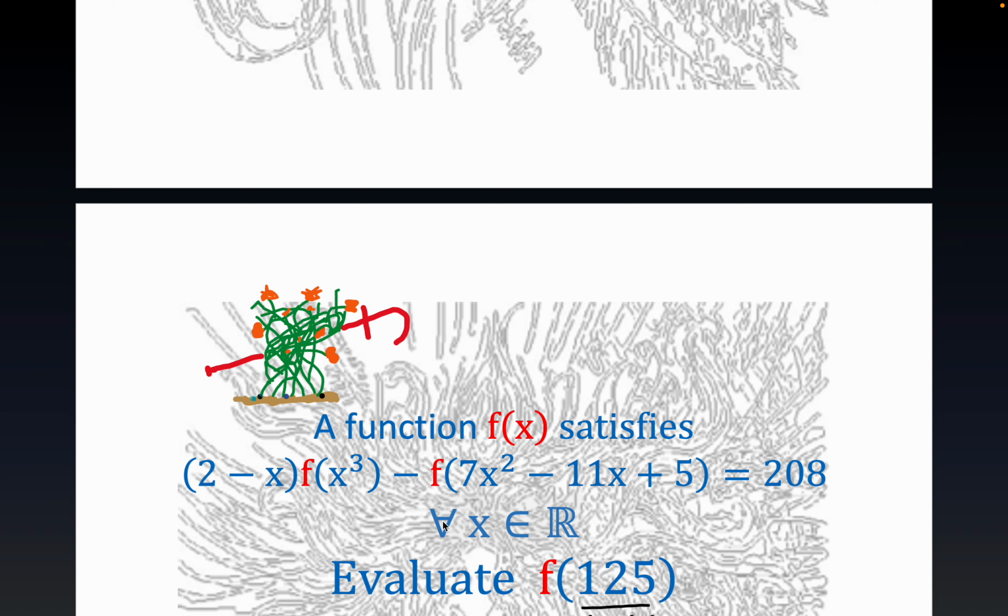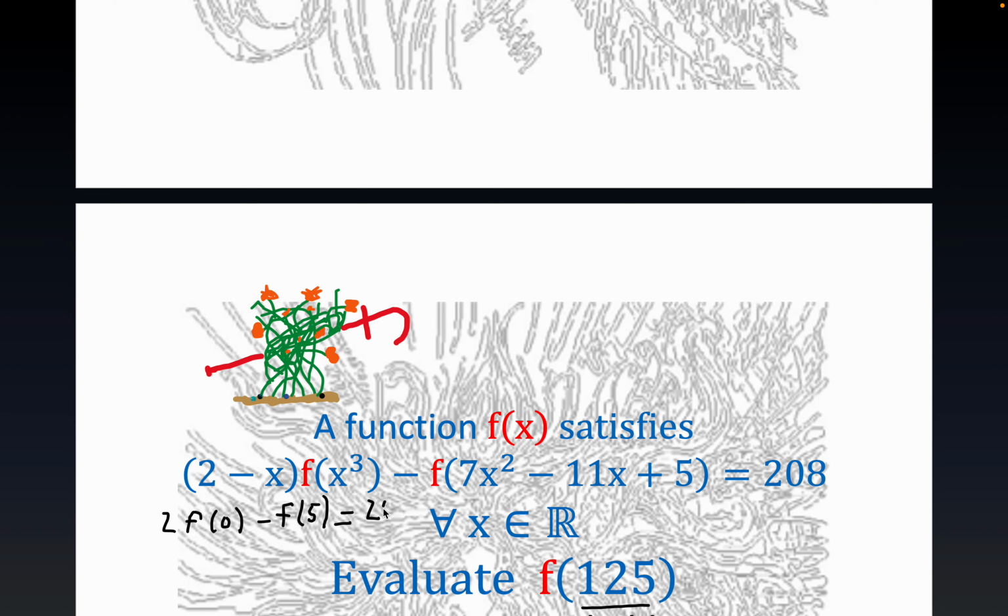Now, just as a warm-up, if x were 0, we could quickly write down 2 times f at 0. The 2 comes from the fact that I put a 0 right here and a 0 right here. Now when you put zeros here and here, you will have minus f at 5 equals 2008.